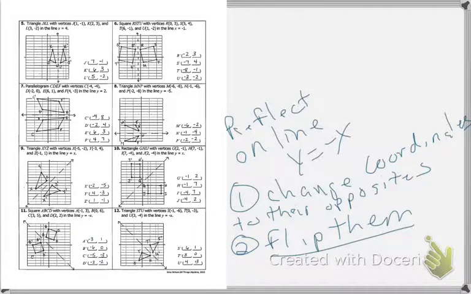Then we do B. Well, 0 doesn't have a positive or negative, so 0 stays 0, but 6 is positive, so it becomes negative. Then you flip negative 6, comma 0. And if you look at C, well, C starts off with 3 comma 5, so we change to their opposites, so it's negative 3 comma negative 5, and then we flip.